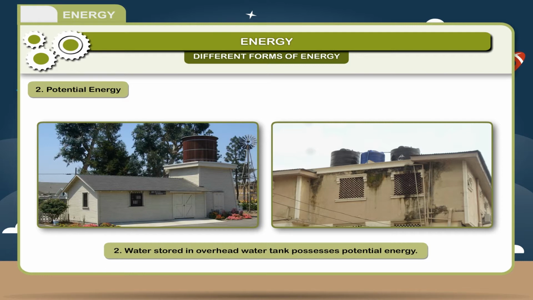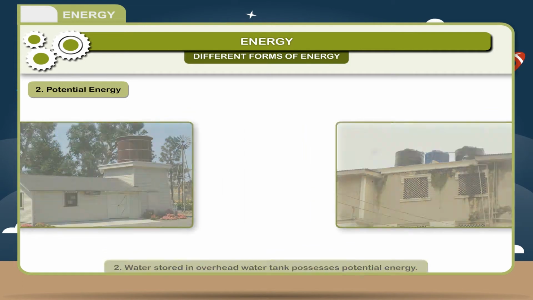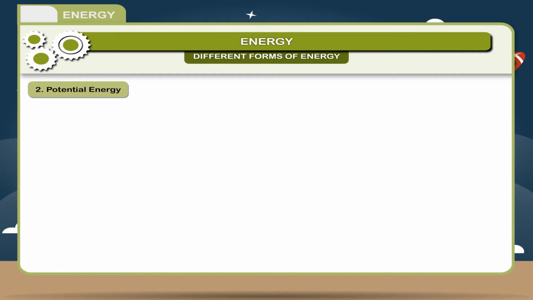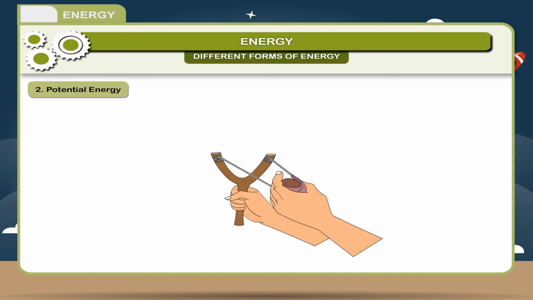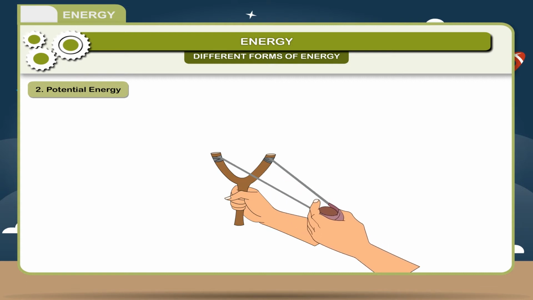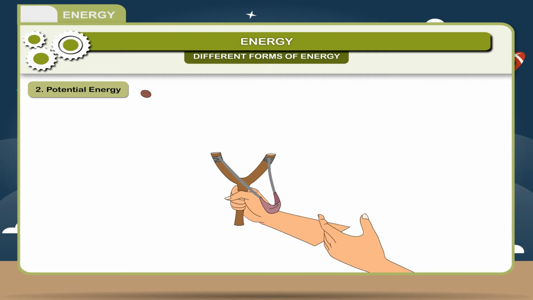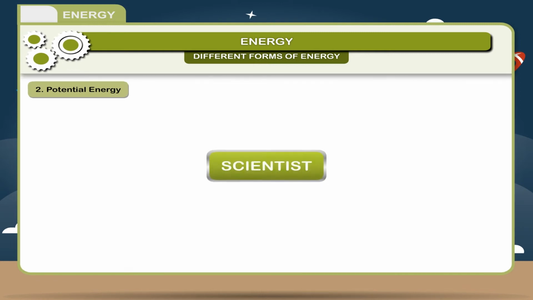Water stored in an overhead water tank possesses potential energy. Activity. Take a catapult. Put a stone in the rubber loop and stretch it. The moment you release it, the stone will shoot out with high speed. This shows that energy stored in the catapult is transferred to the stone and it moved very fast.